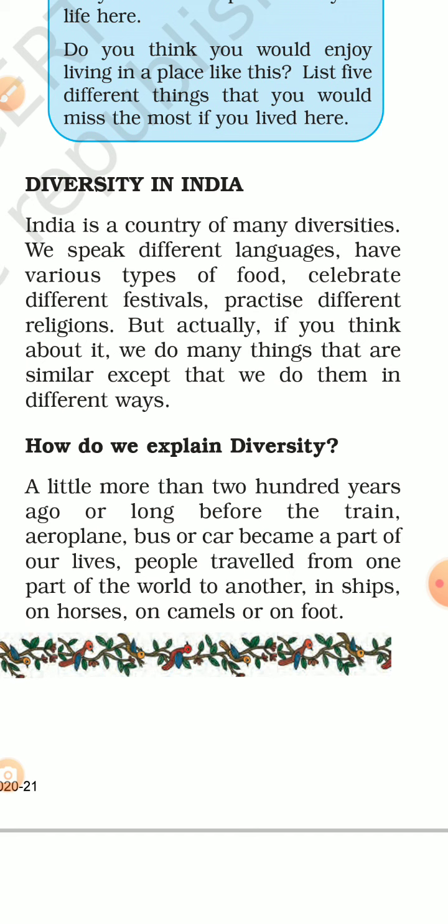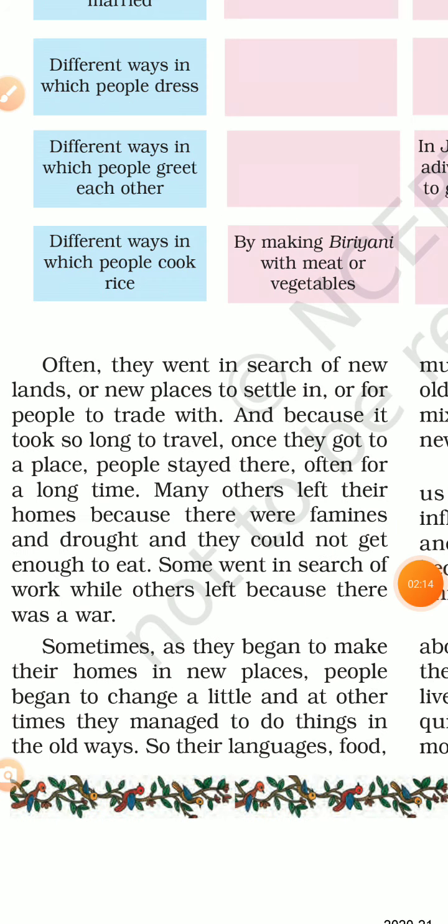Many others left their homes because there were famines and drought and they could not get enough to eat. Some went in search of work while others left because there was a war. These were some examples of why people traveled in the earlier times or went from one place to another.